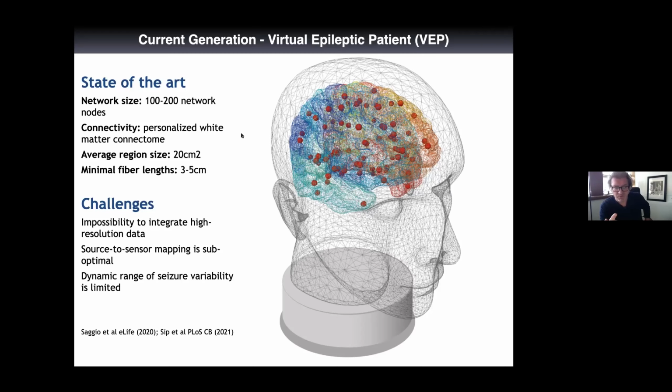Number two, source to sensor mapping is suboptimal. In other words, it really sucks because when you want to have electric mapping from the source to the sensor, it's not just the distance that matters. But it's actually the dipole momentum. How do you compute the dipole momentum, average dipole momentum for such a sphere when it is actually coming from a folded cortical surface with 20 square centimeters?